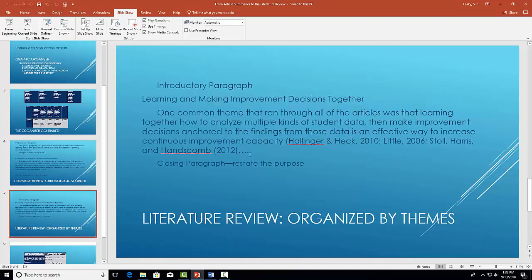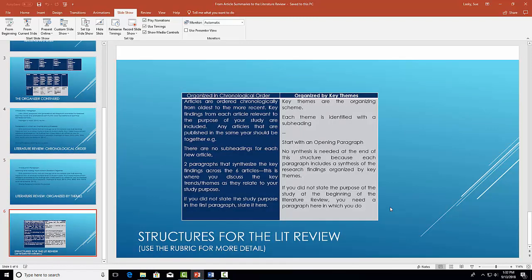So instead of organizing chronologically, we're organizing by key themes. Okay? What I've included for the last slide here is just a very condensed reiteration of these 2 structures.